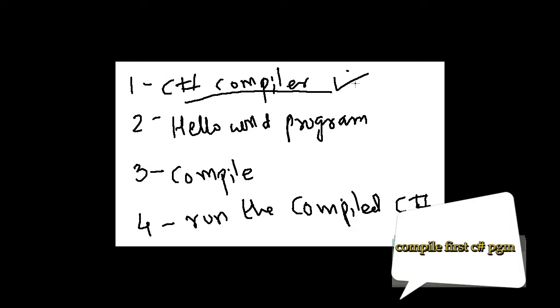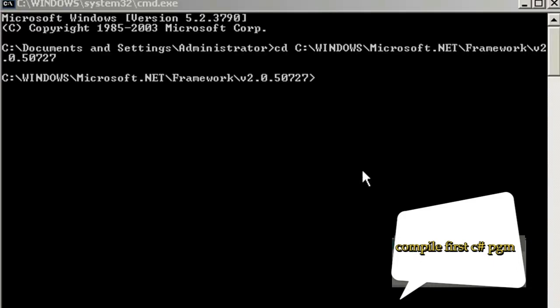So we have completed our first step, that is we have downloaded the compiler. Now let's go and type our hello world program. Let's execute our second step. Let's type our hello world program, and later on we'll compile and run it. So go to your command prompt and ensure that you are in the directory of your framework, and let's create a simple file here.